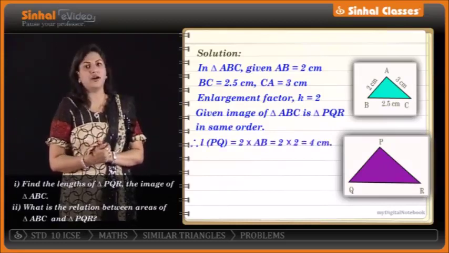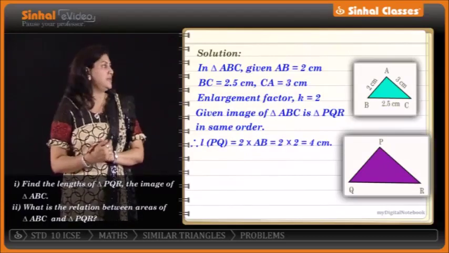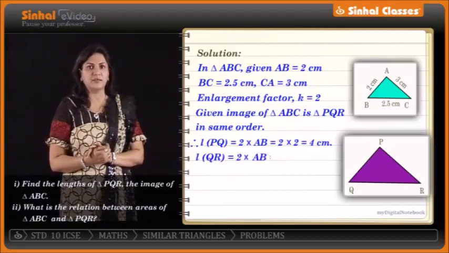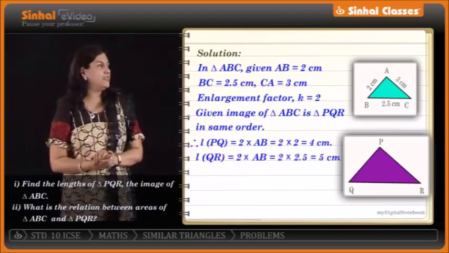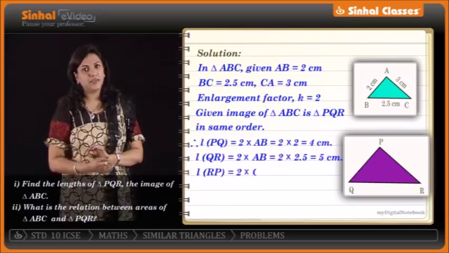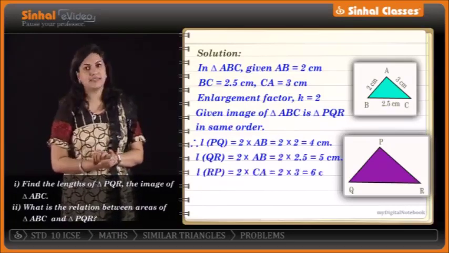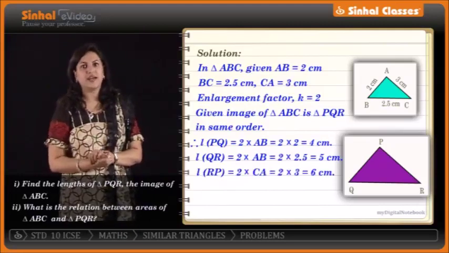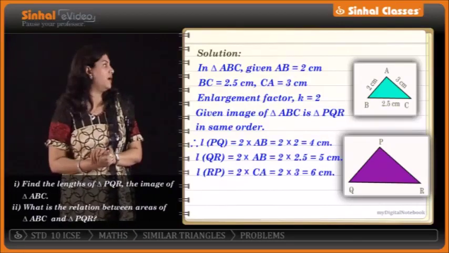The length of QR will be twice BC, which will be 2 into 2.5, that is 5 centimeter. Now length of RP is equal to 2 into CA, that will be 2 into 3, that is 6 centimeter. So we have got the lengths of the three sides of the triangle PQR.